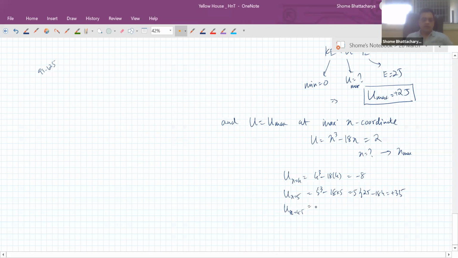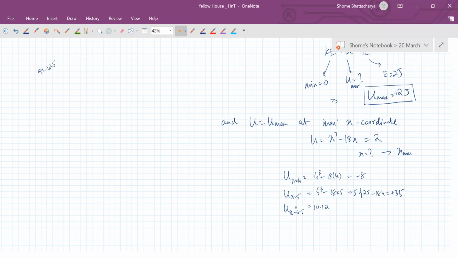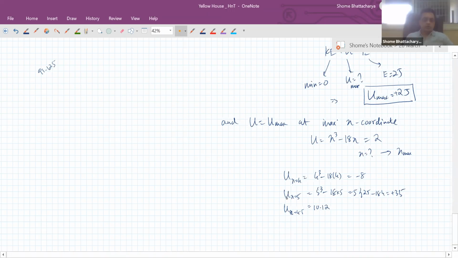I'm doing the calculation and U at 4.5 comes out to be somewhere around 10.12, so the required value is even less than that. Sir, 2 root 5 is coming 4.47. Okay, so that's some kind of value in between.